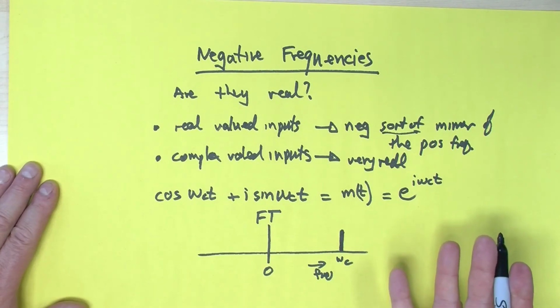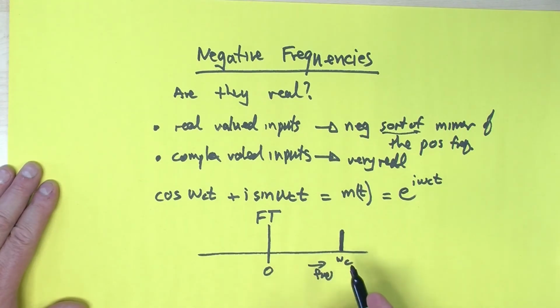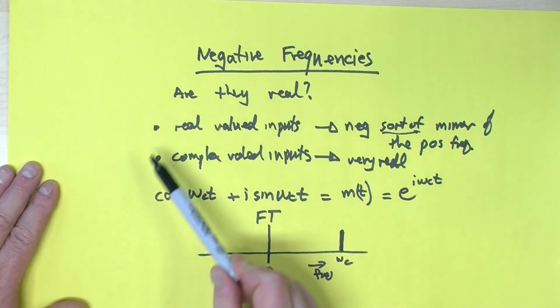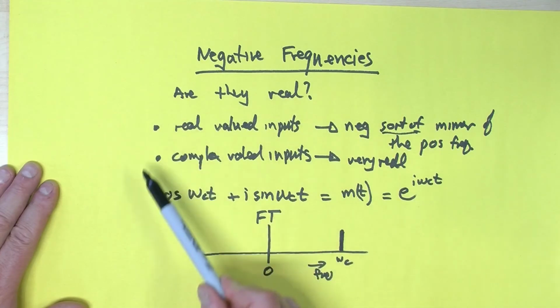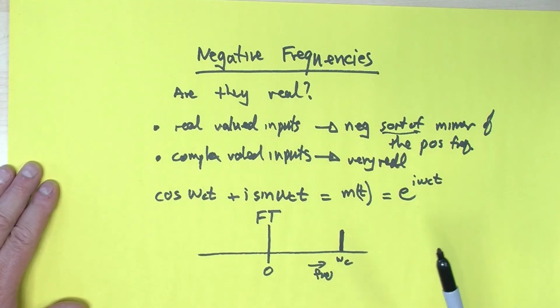So the bottom line is they are real, at least for the purposes of calculations and understanding more complex signals, but they don't actually exist in the real world in the sense that you would never see a negative value on your radio frequency dial, or hopefully you would never see a negative probability.